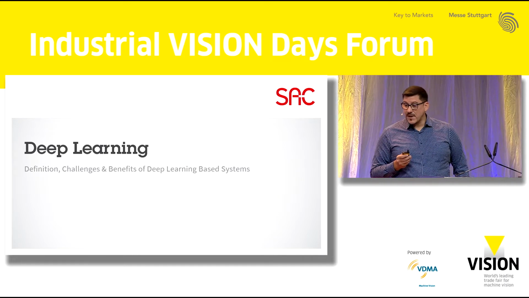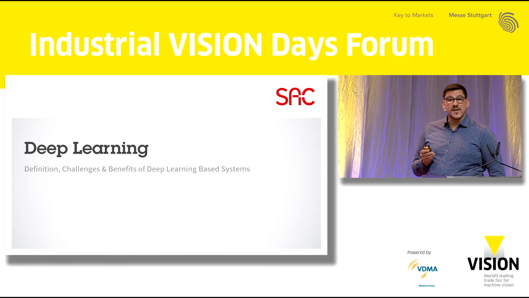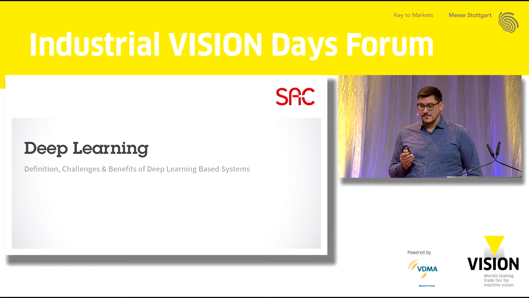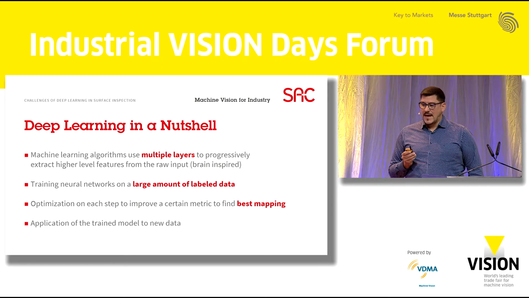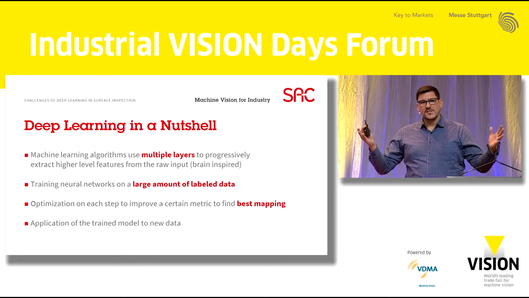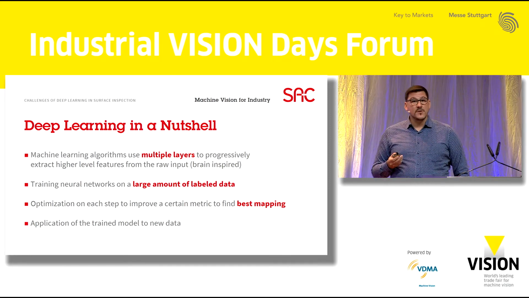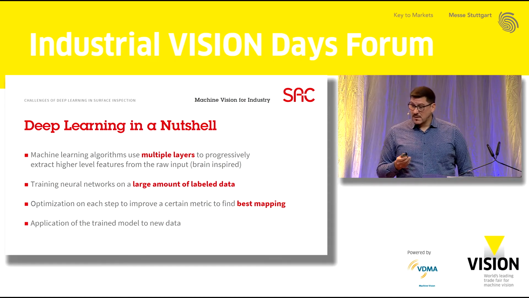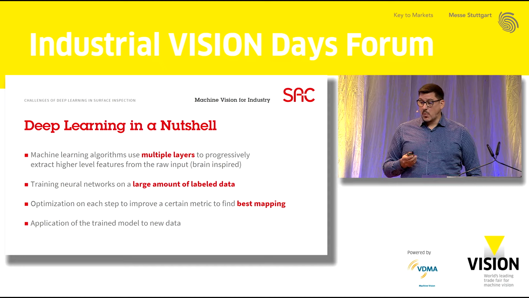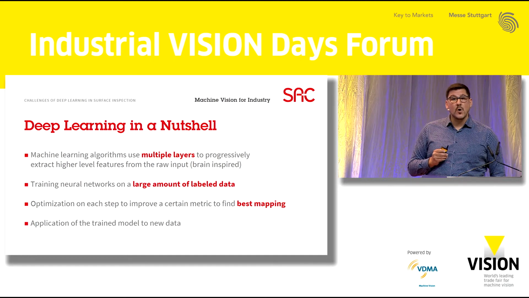Let's come to the first part of my talk, deep learning in a nutshell. As a subtopic of artificial intelligence, machine learning, I would like to give a quick overview of deep learning. Compared to simple neural networks, deep learning algorithms work with multiple hidden layers to progressively extract higher-level features from raw input data.